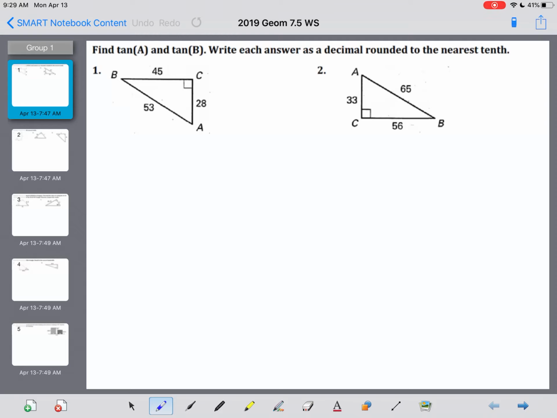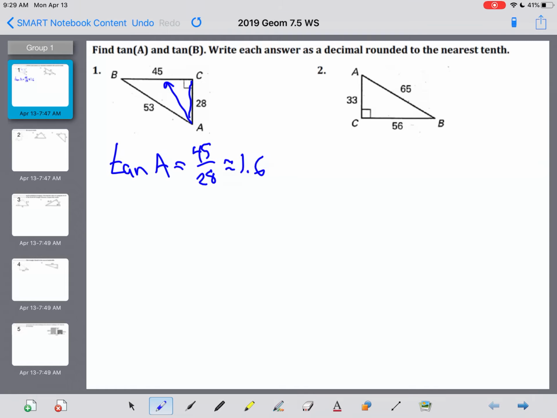So getting going here. Number one, tangent of A is going to be the opposite, 45, over the adjacent leg right here, 28. And we're going to simplify that. Can't really do that, so let's go ahead and approximate that. And 45 divided by 28 comes out to be 1.6.